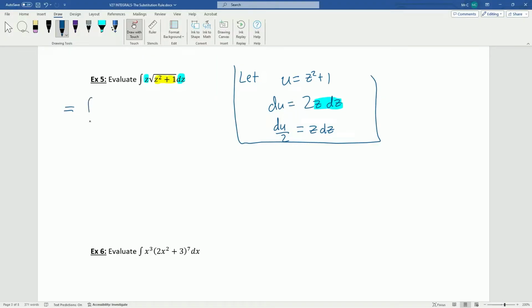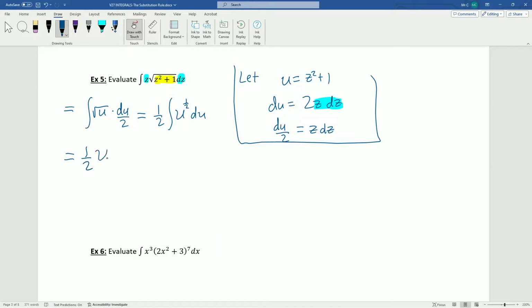So this becomes the integral of, well, you've got the square root of u, and z dz is going to be replaced with du over 2. So now we'll just rewrite that. I'll pull the 1/2 in front and write the square root of u as u to the 1/2 du. And now we can take our antiderivative.